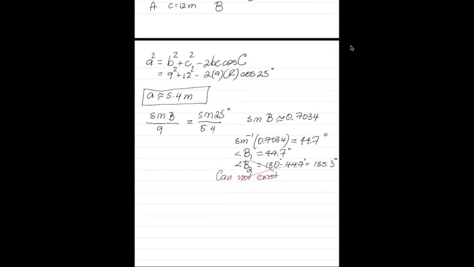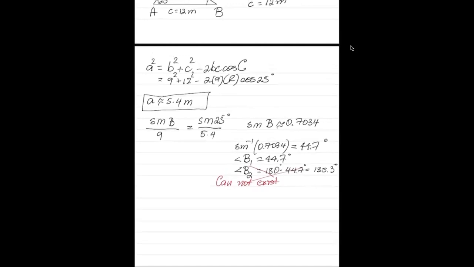We're going to cross this out. This angle cannot exist because the corresponding side B is 9, which is not the biggest. So we have so far angle B1 with 44.7 degrees.